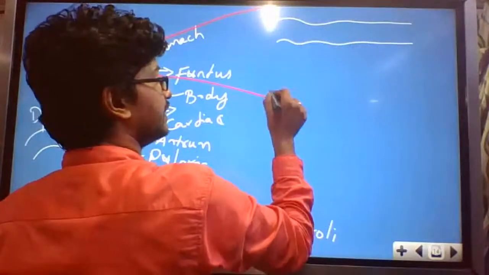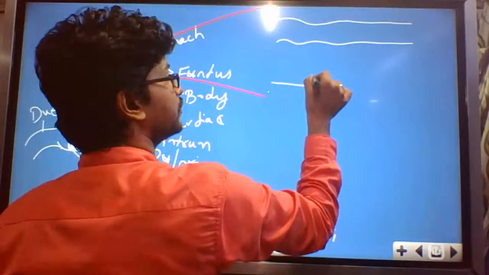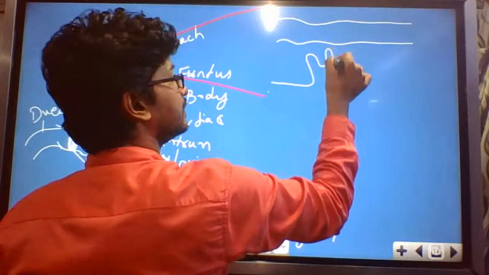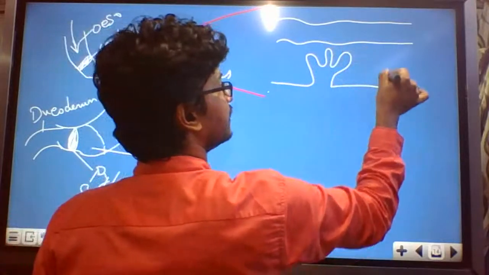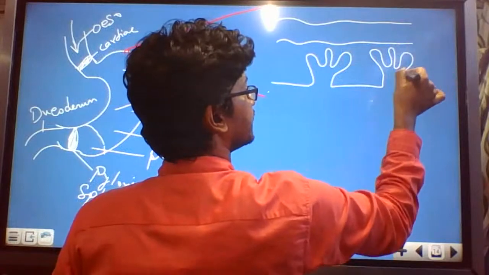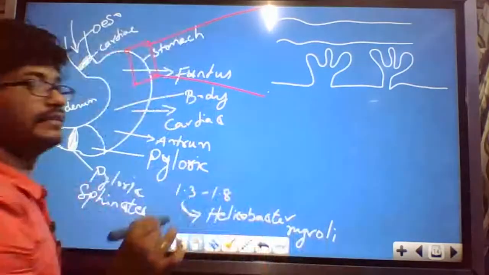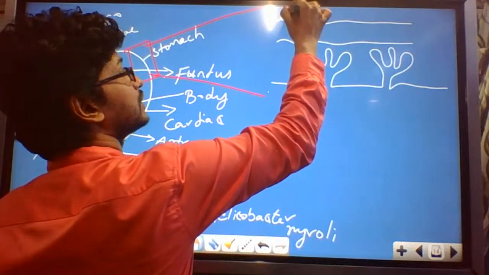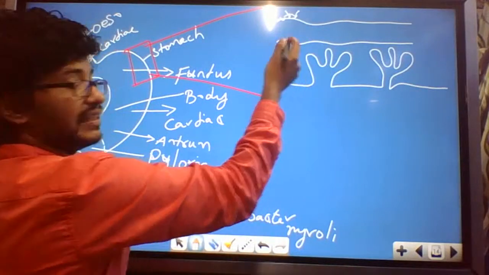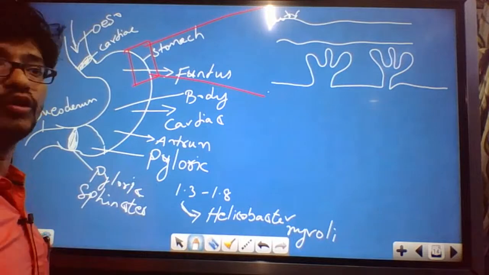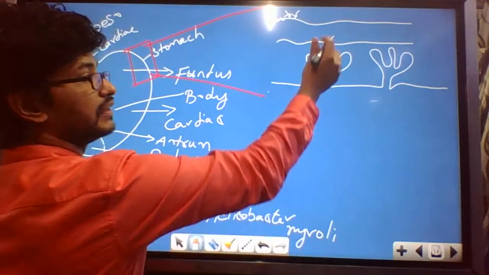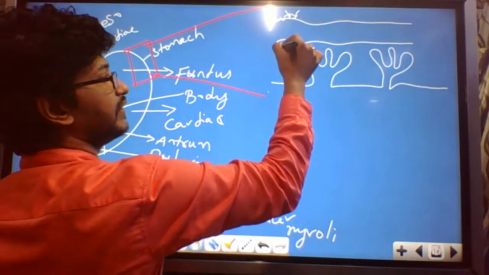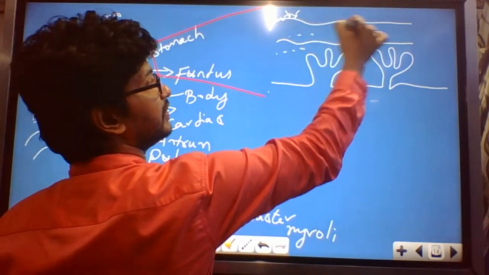In the mucosa, you could see structures like this. You have the mucosa and the submucosal region, where you could see the secretion of mucus and everything happening.